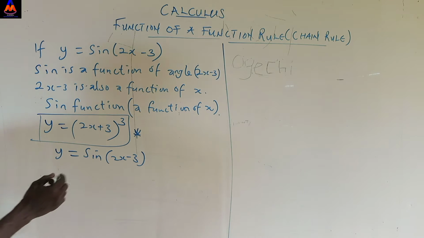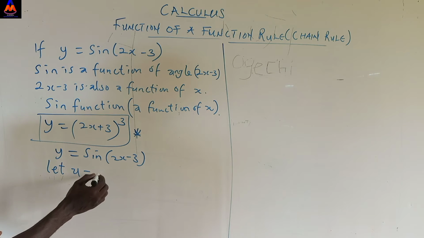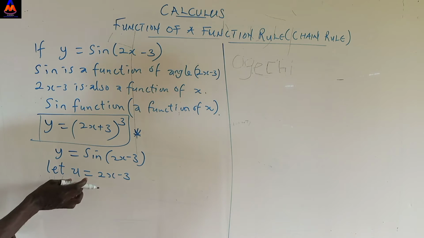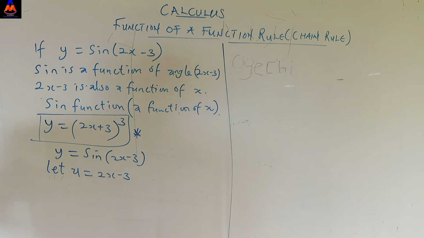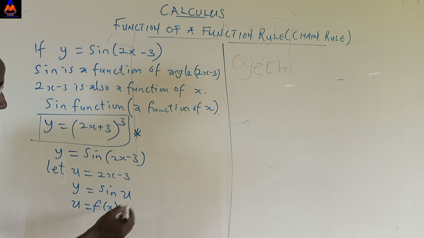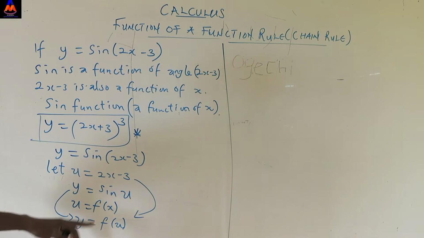You start from the innermost. So you can say let u equal 2x minus 3. You will look for a variable that will hold on to this function. Then in that case, we can write our y to be sin u. From here, we can establish that u is a function of x. And y is a function of u. The two functions.